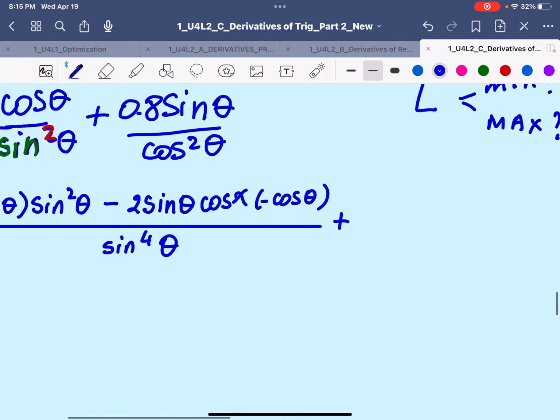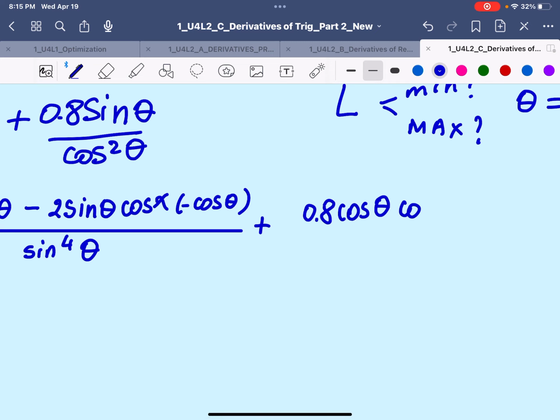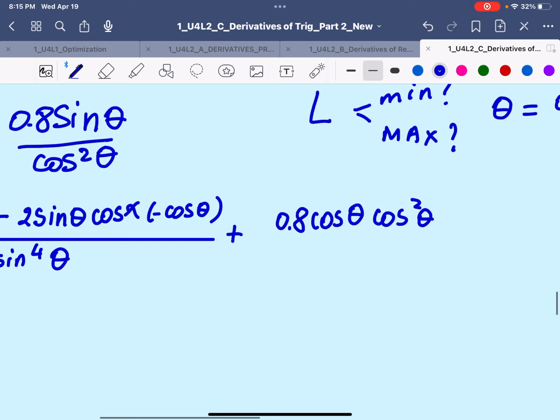So we have plus derivative of 0.8 sine theta is 0.8 cos theta multiplied by the denominator, which is cosine squared theta. And then minus the derivative of the denominator. So we have a little chain in here. So we have the power of 2, and then we have the cosine theta.